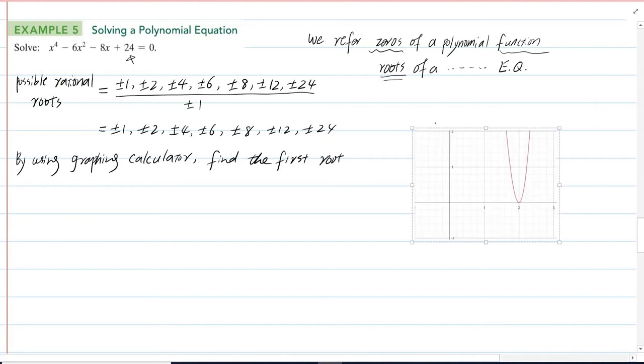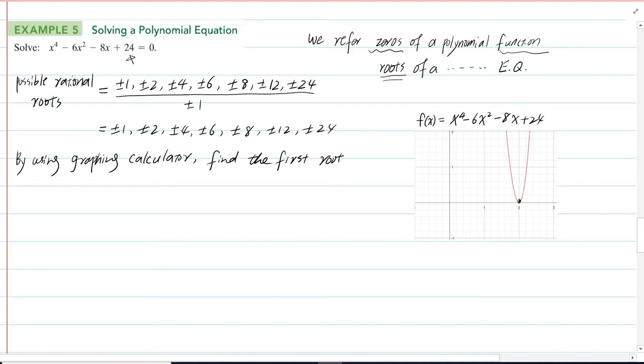Okay, let me explain this really quick. So in your graphing calculator, all you have to do is just enter the function x to the 4th power minus 6x squared minus 8x plus 24. So by using a graphing calculator, you can find this right here, okay?